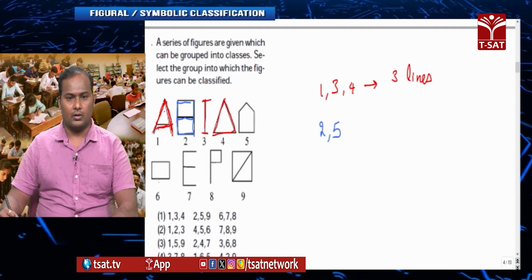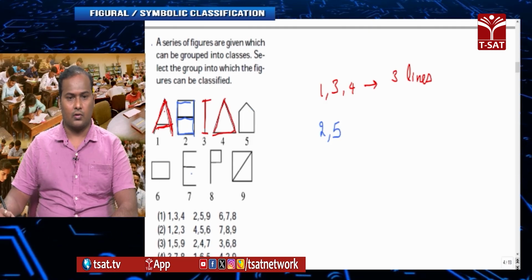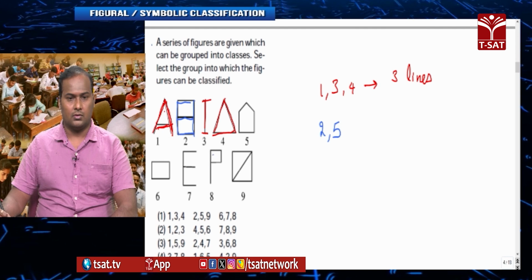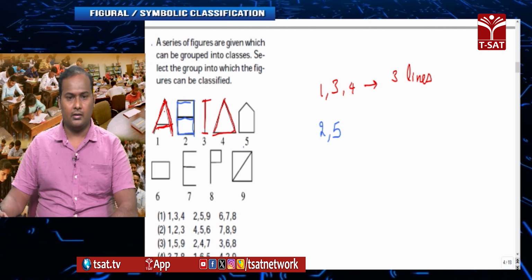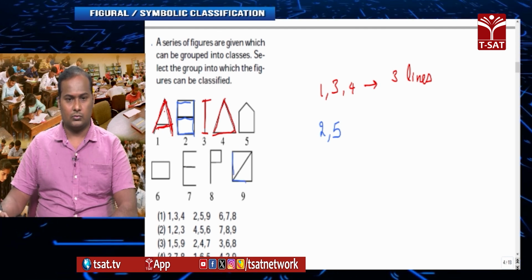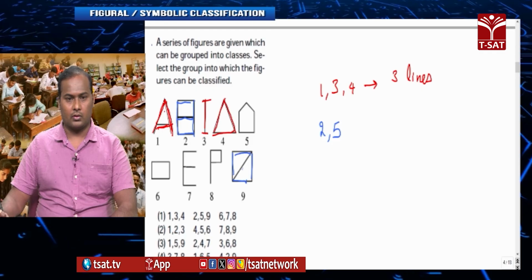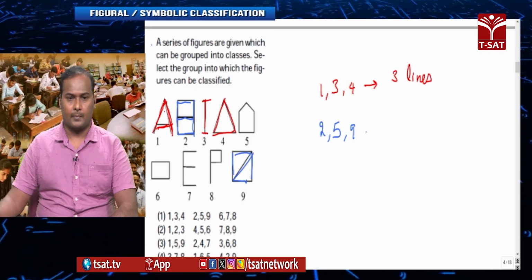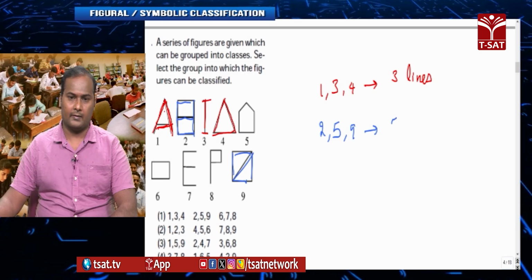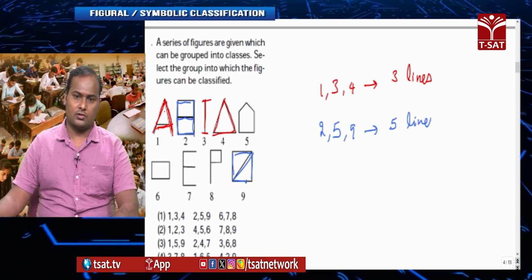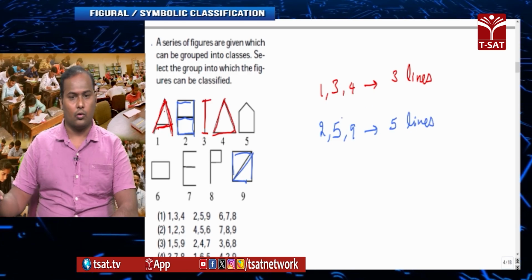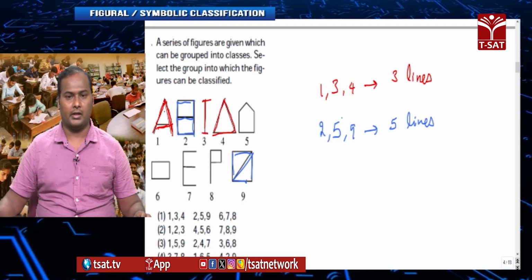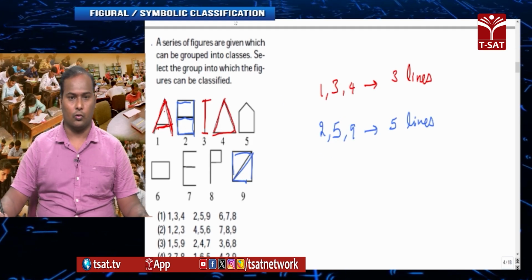See 6, only 4 lines. 7, 4 lines. 8, 4 lines. 9 again has 5 lines: 1, 2, 3, 4 and 5. So 2, 5, 9 each have 5 lines. Based on the character of 5 lines, we grouped 2, 5, 9 into one group.